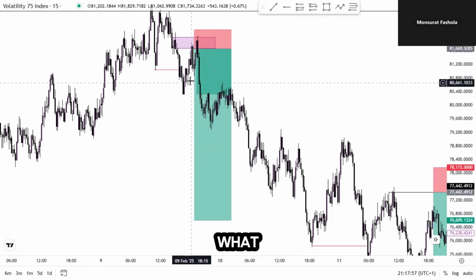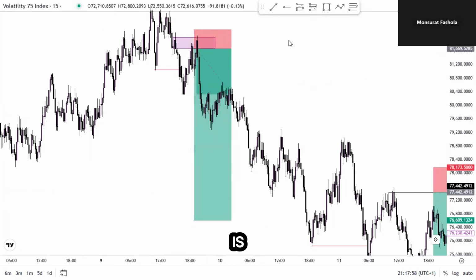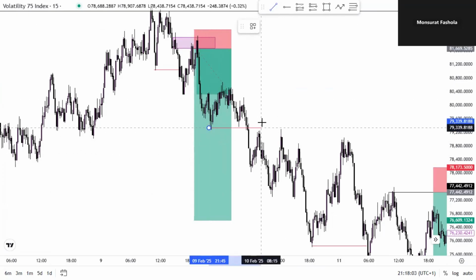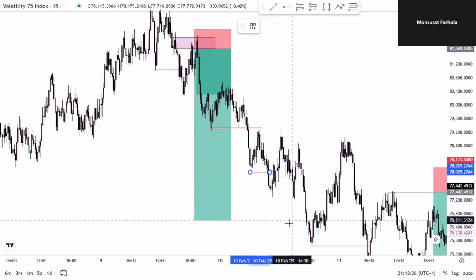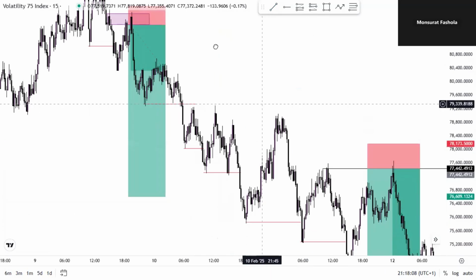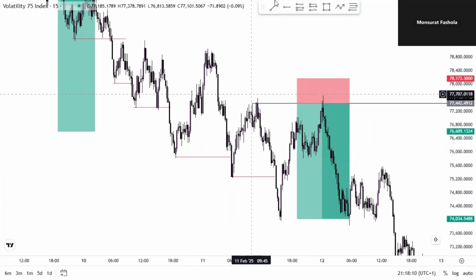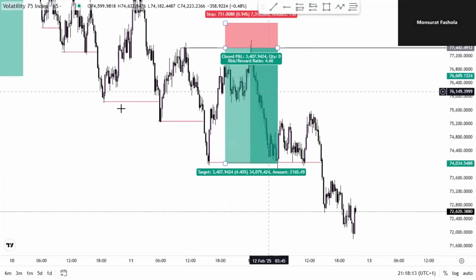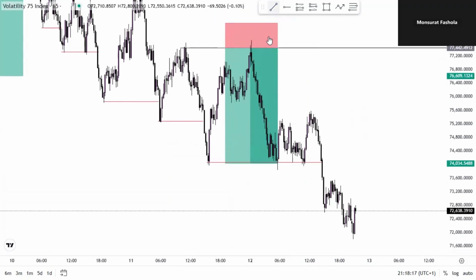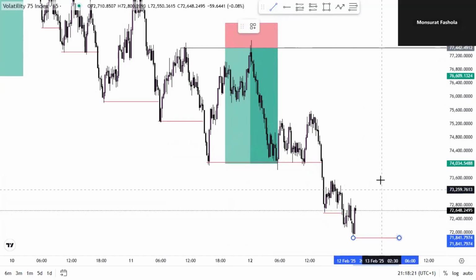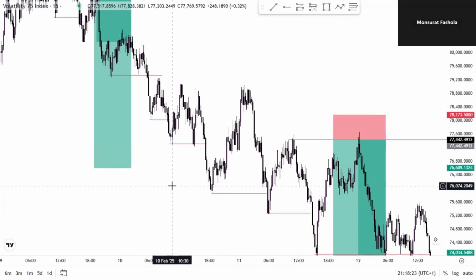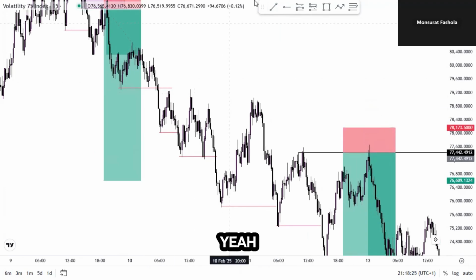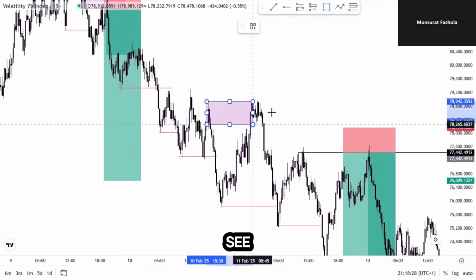Yes. So what you'll be looking for is break of structure. If you check my Telegram, you'll see I pasted this trade.